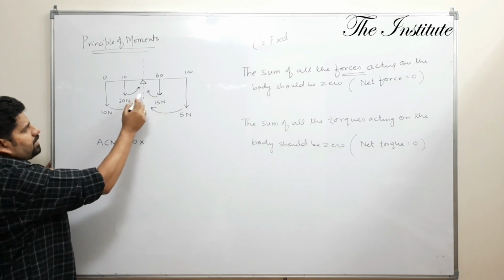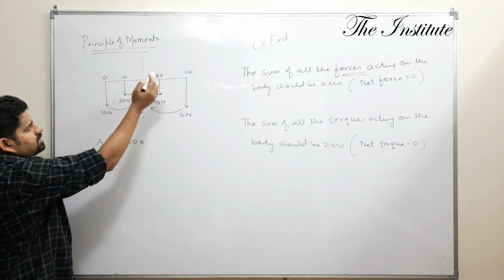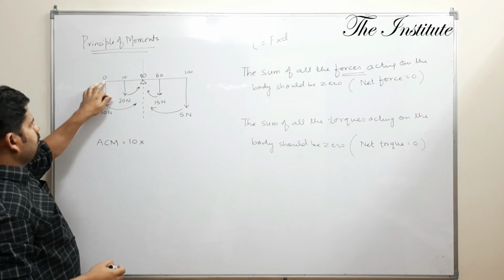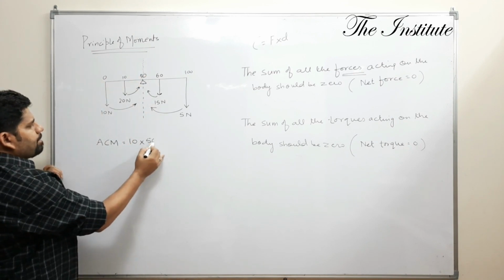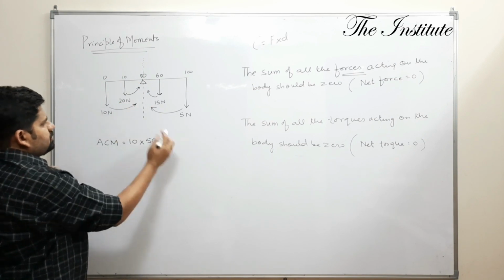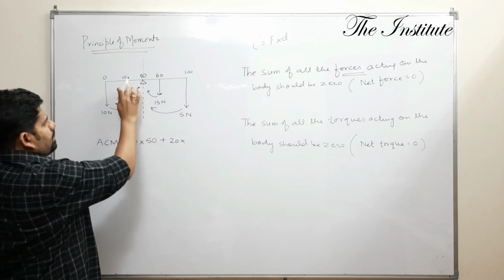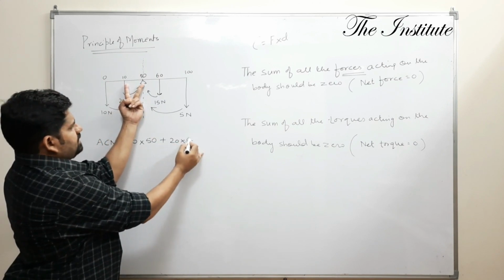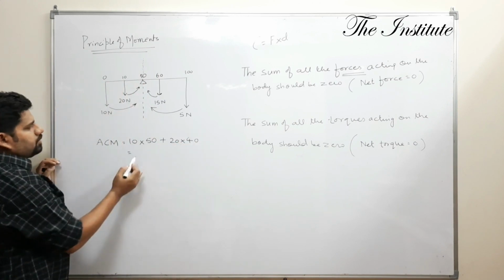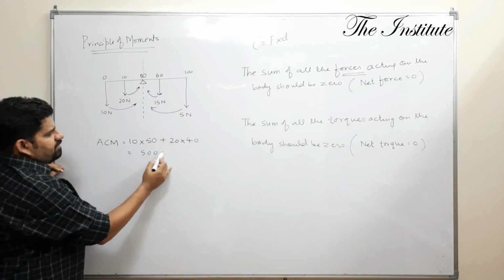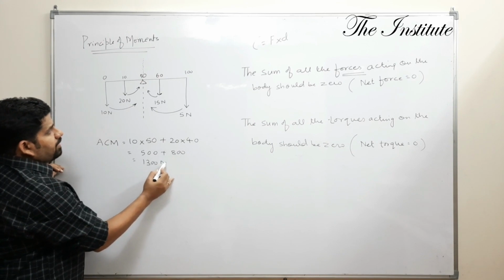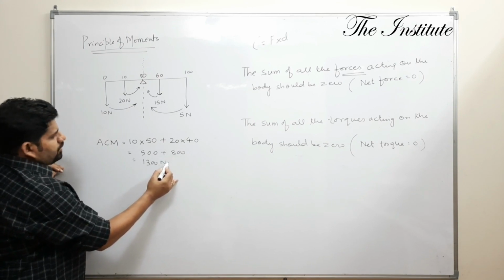Force into perpendicular distance. This, let's say, is the midpoint. So 50 plus force 20 into the distance from the fulcrum. You can see it's 40. So this is 500 plus 800, that is 1300 Newton meter.